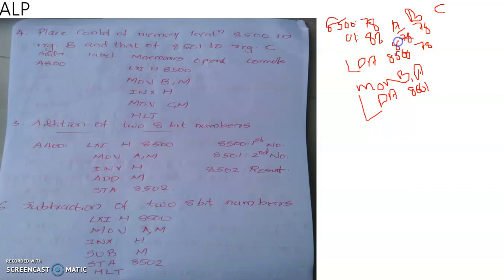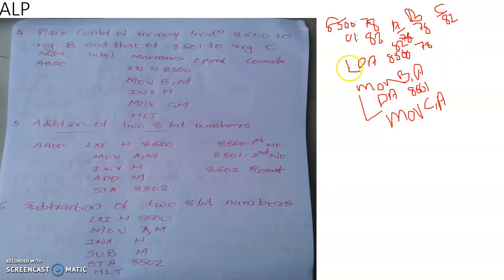Now copy this to register C. MOV C, A. The content of the accumulator will be copied to register C, that is 82 is copied to register C, and you can halt the program.